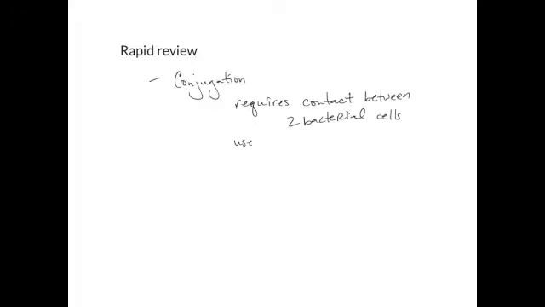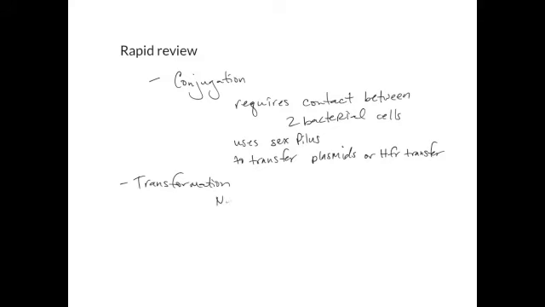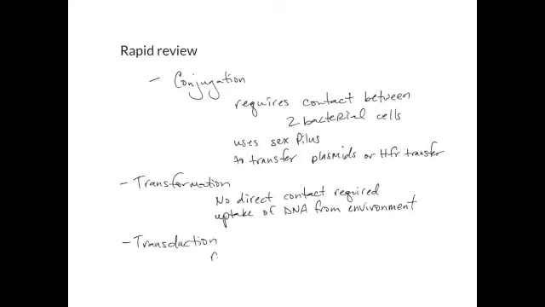It uses a sex pilus to transfer plasmids or Hfr transfer. Next up, transformation. No direct contact is required, and it's the uptake of DNA from the environment. And last, but certainly not least, we have transduction. This requires direct contact between a bacteria and a bacteriophage, and it passes cellular DNA from one cell to another.